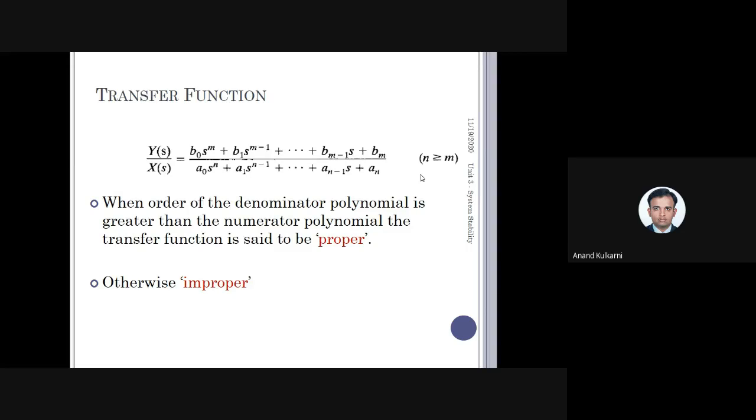So you will get only s to the power m, s to the power m minus 1, and so on up to s to the power 0 in the numerator. Similarly, s to the power n, s to the power n minus 1, and so on up to s to the power 0 in the denominator, where b0, b1, b2, b3 up to bm are constants. Similarly in the denominator, a0, a1, a2 up to an are the constants.